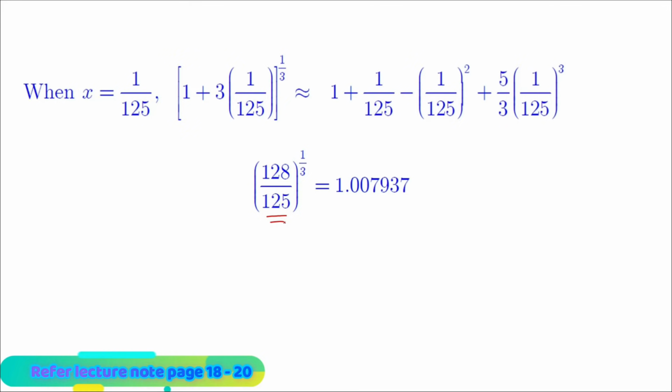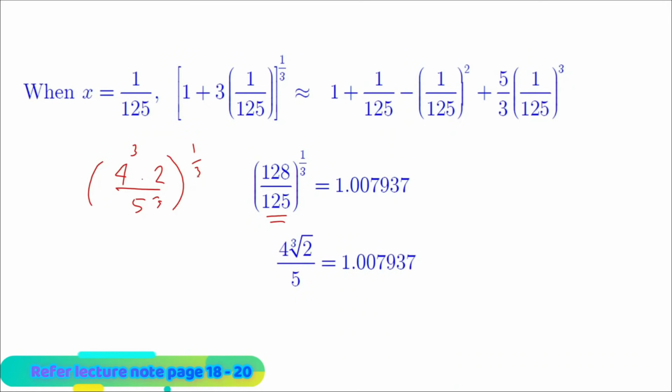So we can write 128 as a multiple of 4 to the power 3 times 2, and then the 125 as 5 to the power 3. Simplifying this fraction here, we then get 4 times the cube root of 2 over 5.